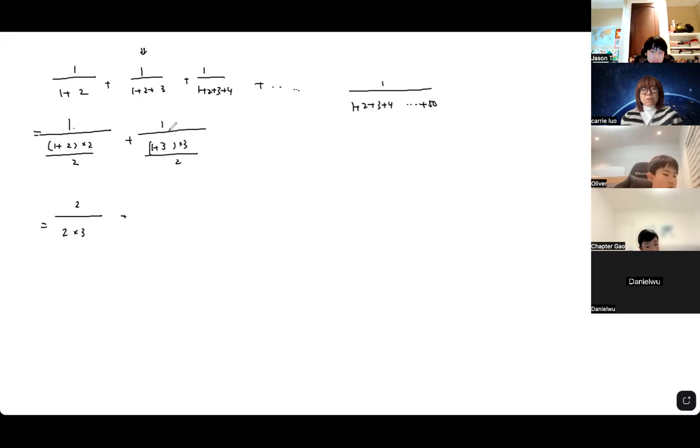So for this one, we split it. So 2 go top and 3 times 4, correct? Do you understand this part? Okay, next one is this one. So 1 over 1 plus 4 times 4 divided by 2 equals, so 2 go up, so 4 times 5.